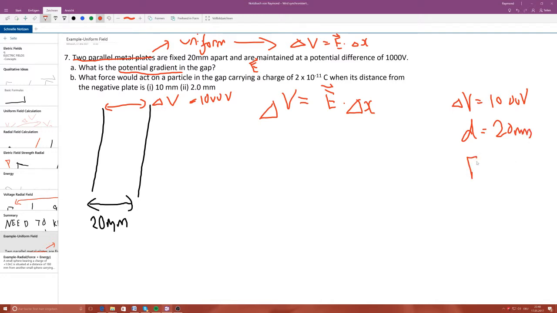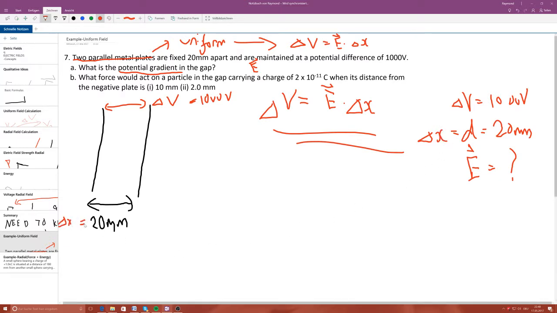And we're looking for the electric field strength. And we know that we can use this equation because it's a uniform field. So then as such, we see, okay, we have delta V, we have D, or we can also refer to it as delta X. And we're looking for E.